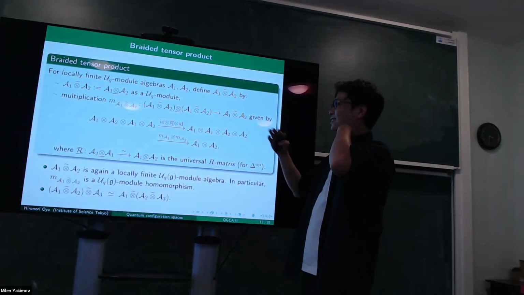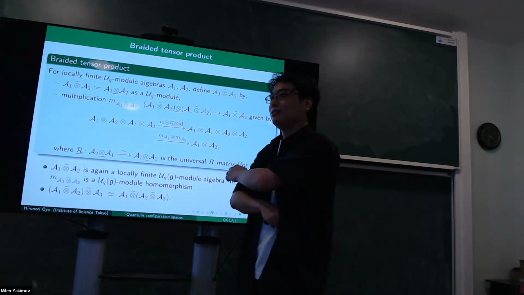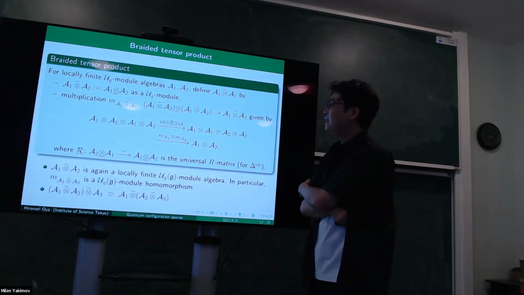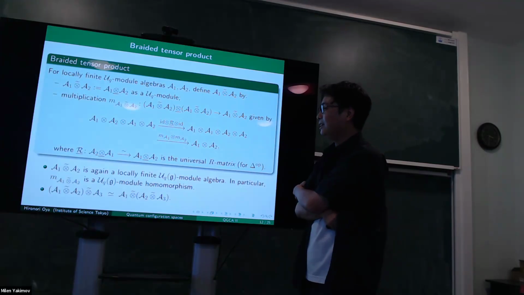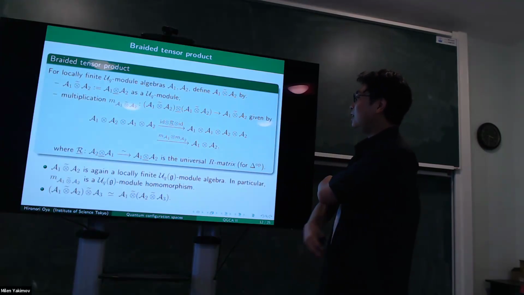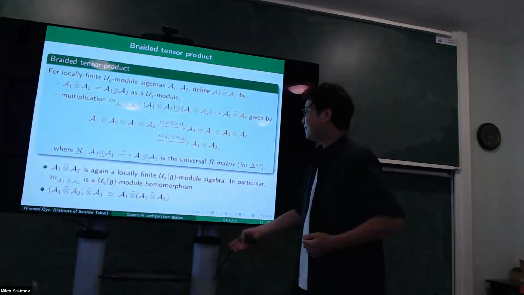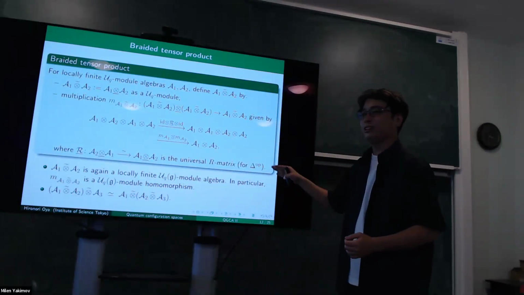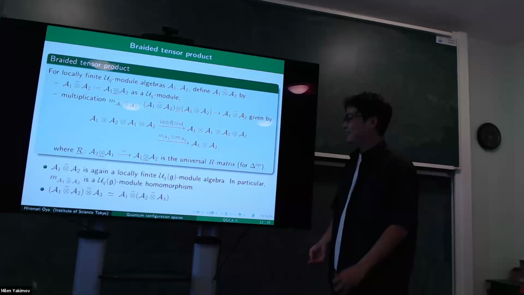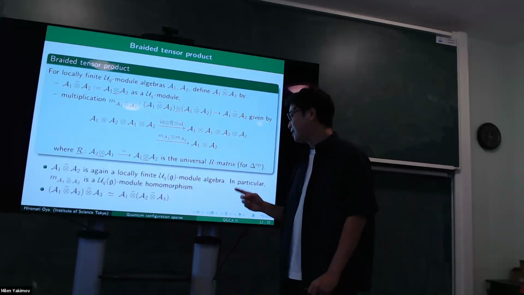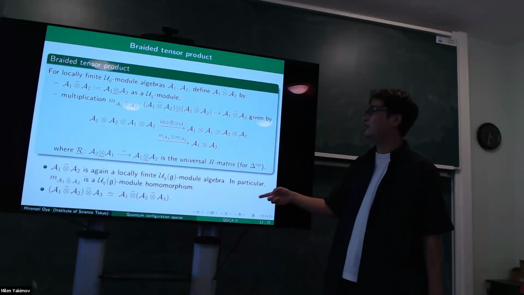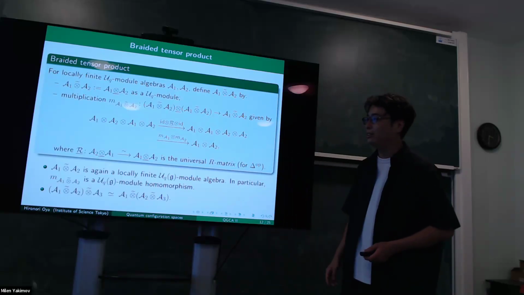This R is the universal R matrix. This is the R matrix for the opposite operands, so I wrote R bar.